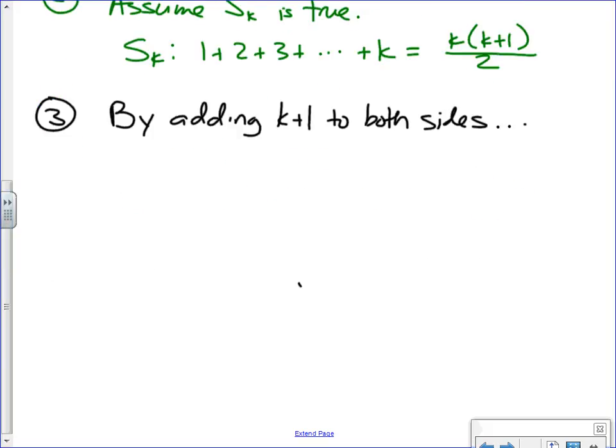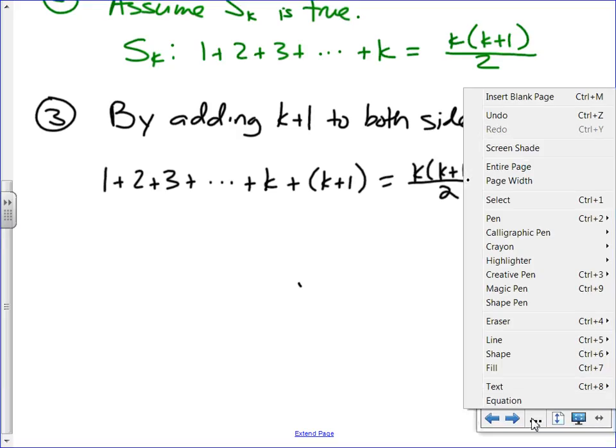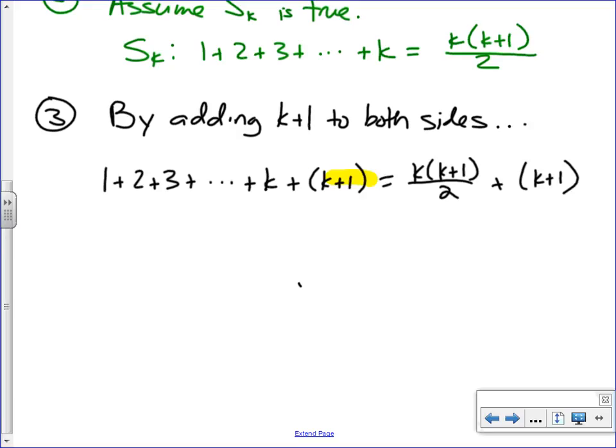You would get 1 plus 2 plus 3 plus dot, dot, dot plus k plus k plus 1, which is equal to the previous statement plus k plus 1. So k times k plus 1 over 2 plus k plus 1. Again, just to recap, all I did was take the S_k statement and add k plus 1 to both sides of the equation.